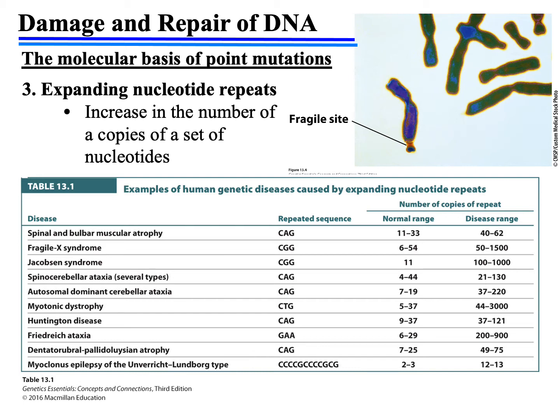And this is exactly what happens during the replication process: the enzymes sort of lose their place in the process and begin to add in additional repeats than what are normally called for.